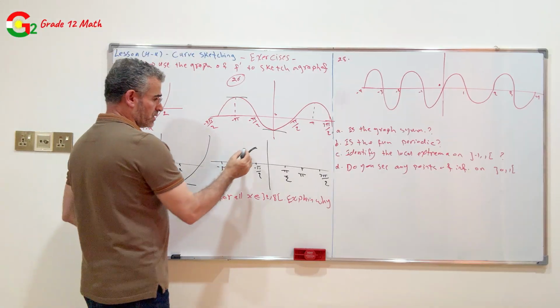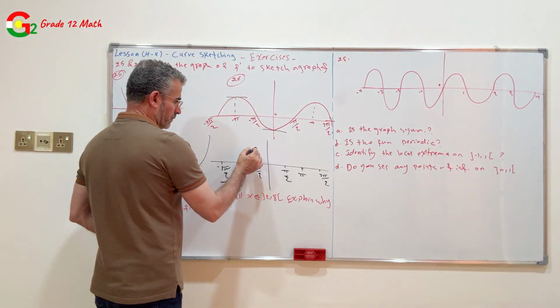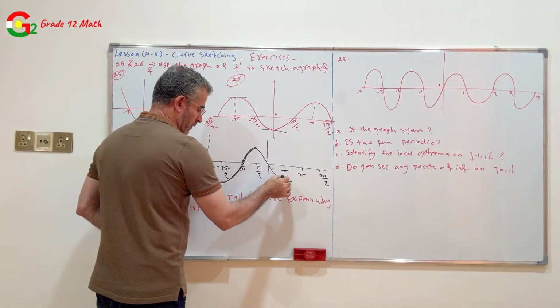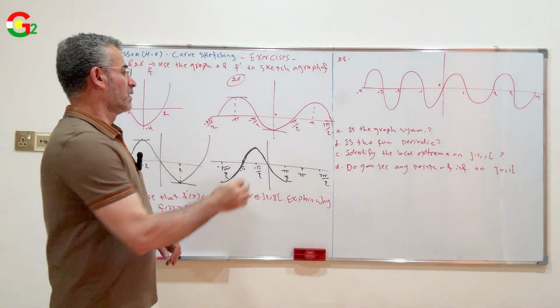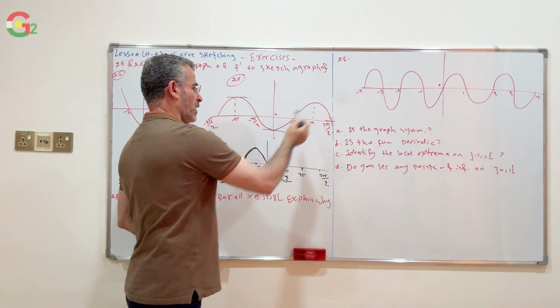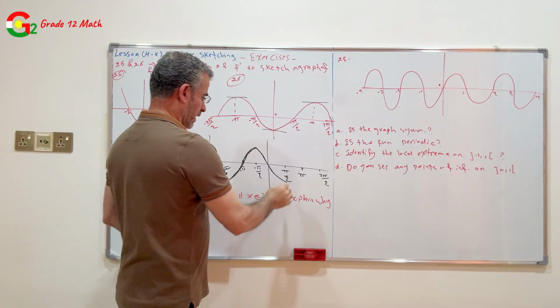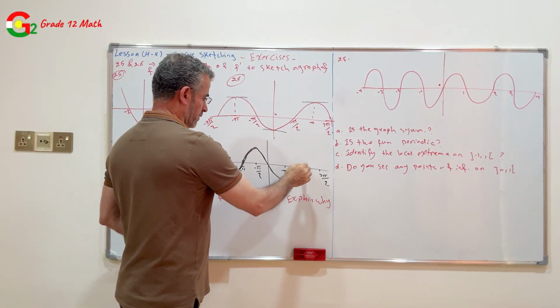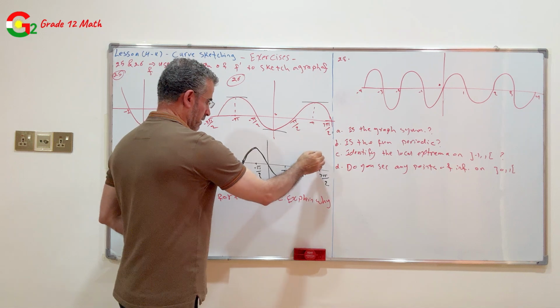Therefore, x equals 0 is an inflection point. This is the part of decreasing. The function is increasing from pi over 2 to 3 pi over 2 and has a horizontal tangent line at pi. Therefore, we have this graph.